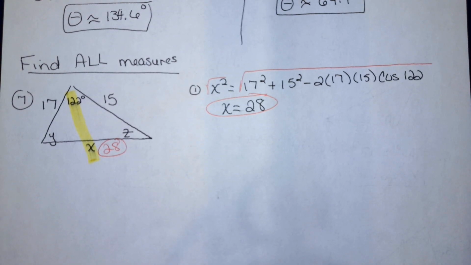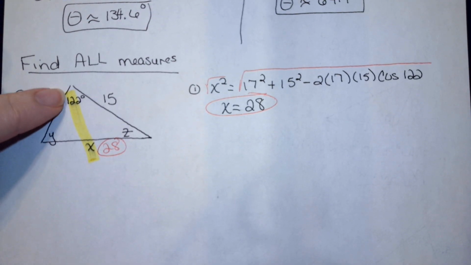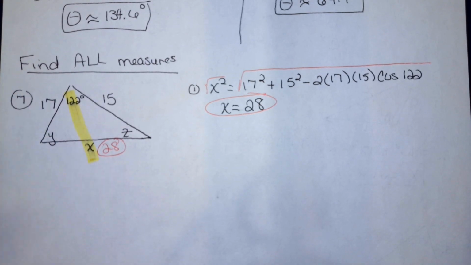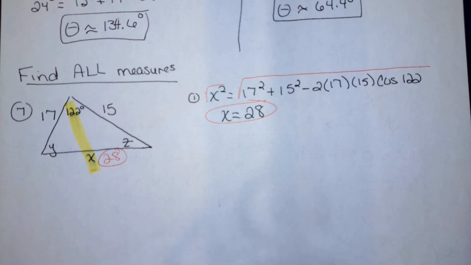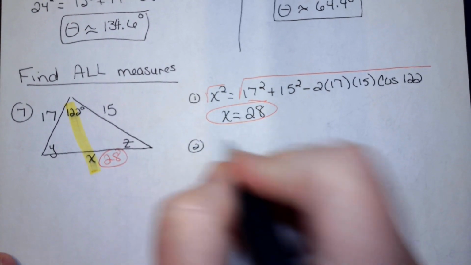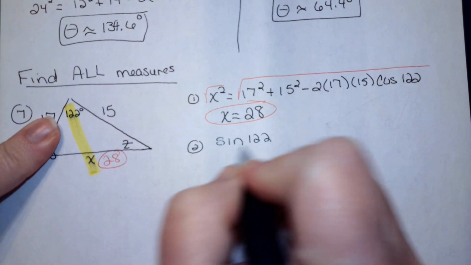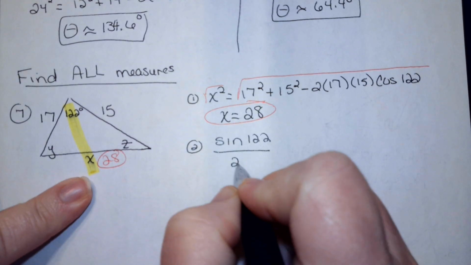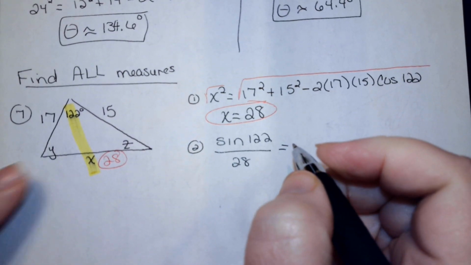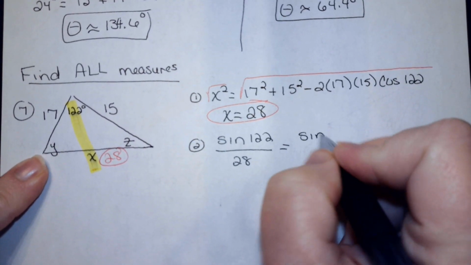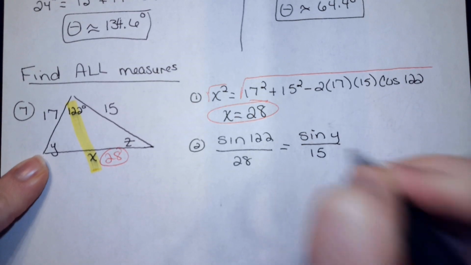Now I know this is called law of cosines, but now that we know the angle and the opposite side, we can actually use the law of sines. So step 2, I'm going to say the sine of 122 over 28 is equal to, let's just do y, the sine of y over 15.